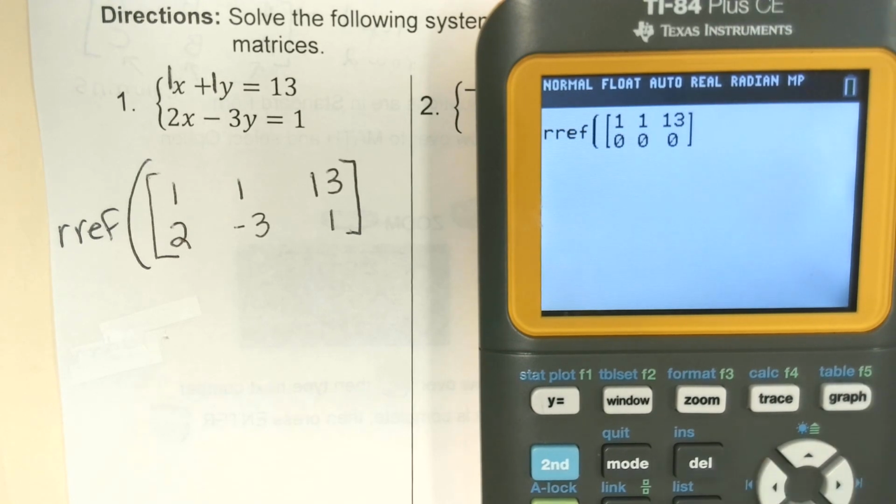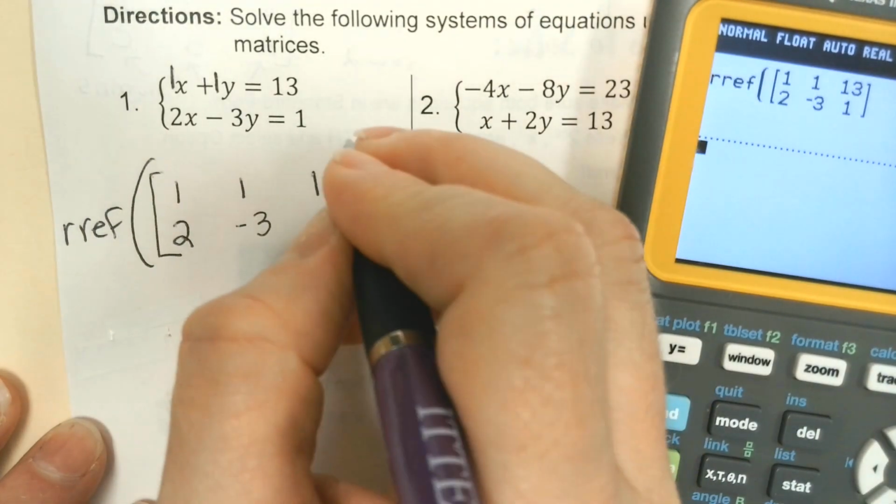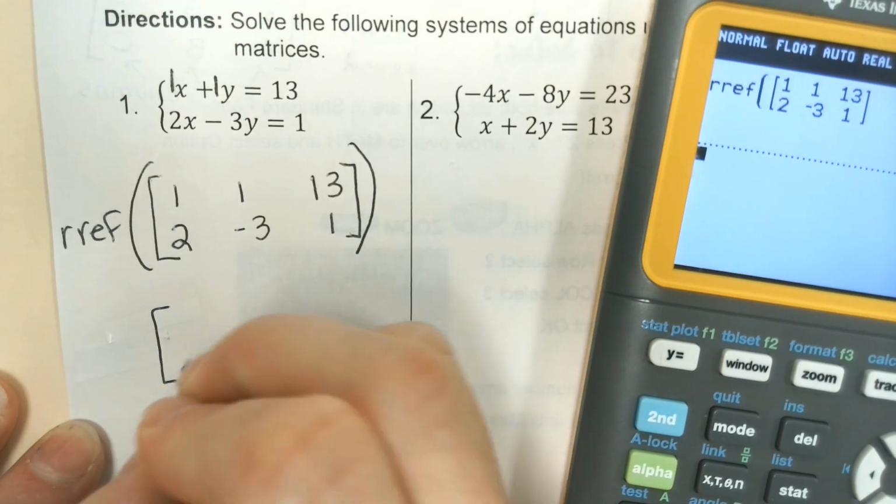Put your numbers in. Mirror yours to look like mine. When you push enter, this is what pops out. So go ahead and write that down.